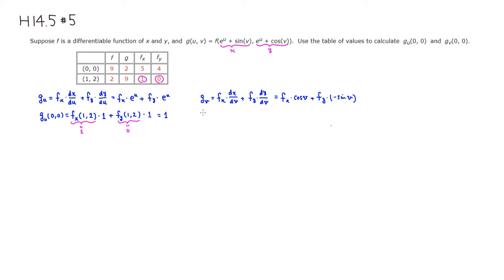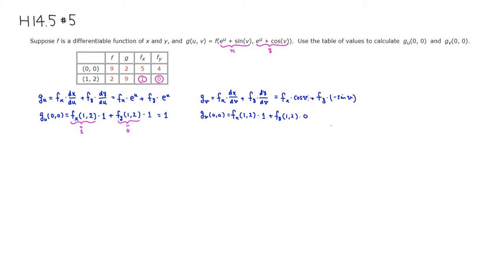Then we want to find g sub v evaluated at 0, 0, and it's the same thing as before. If you plug in u equals 0, v equals 0, we're going to have f sub x at 1, 2 again, multiplied by cosine of 0, which is 1, plus f sub y at 1, 2 multiplied by sine of 0, which is 0.